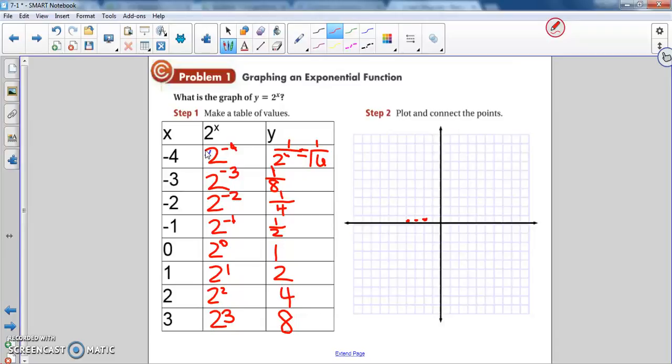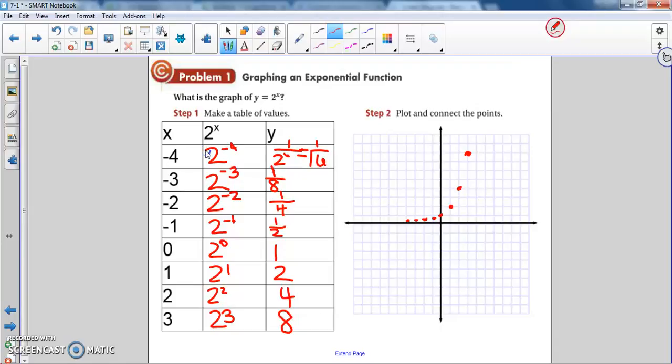Then we are going to -1, 1/2. Then we are at 0, 1, 1, 2, 2, 4, and 3, 8.